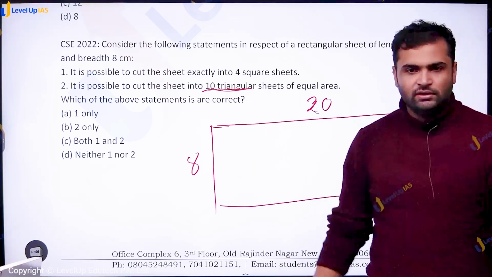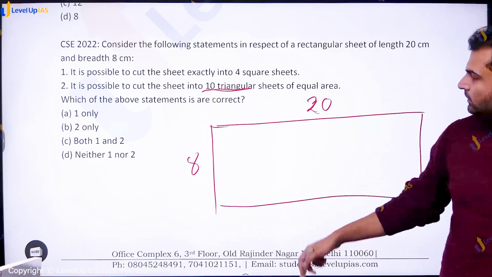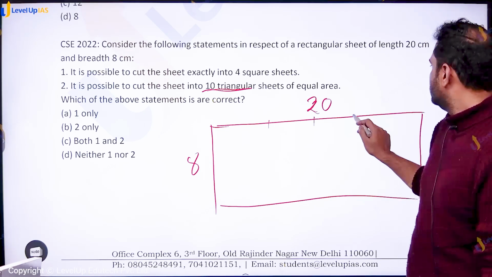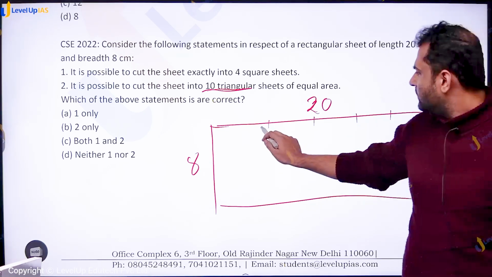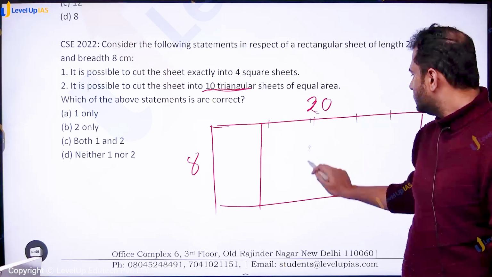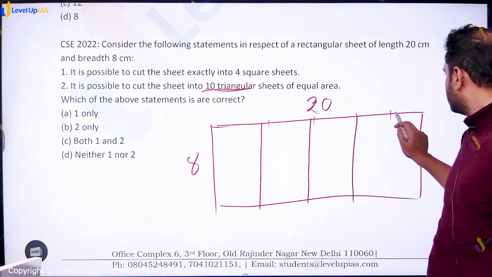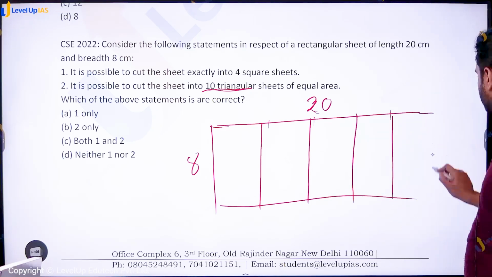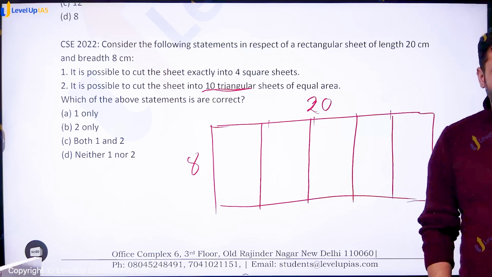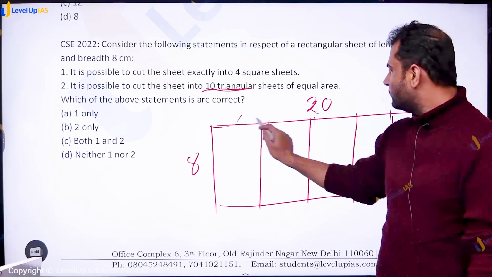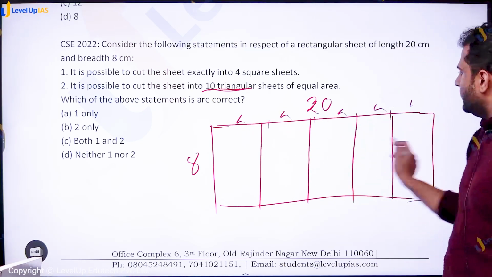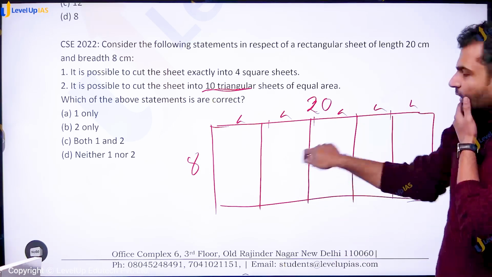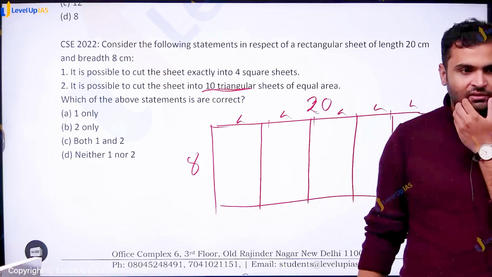I want 10 here, so I at least go to 5. So I go like this: 1, 2, 3, 4. All of them are 4 and total 5. Fine. So I got 5 rectangles.